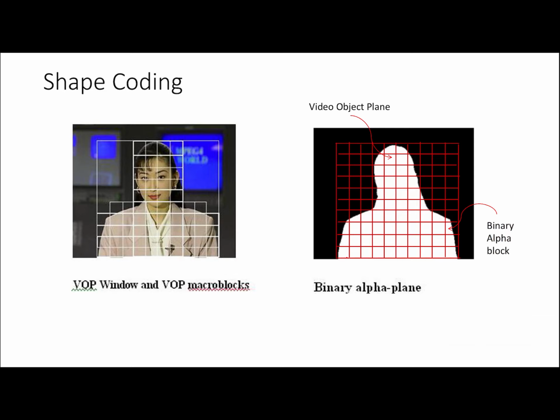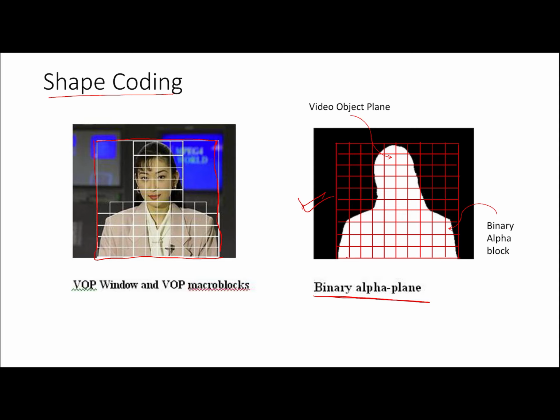Now, since objects in MPEG 4 are of arbitrary shape, encoding of shapes forms an essential part of encoding. One way, first of all, is to describe the boundary of the object, while the other is to treat the shape as a binary mask, as shown here.